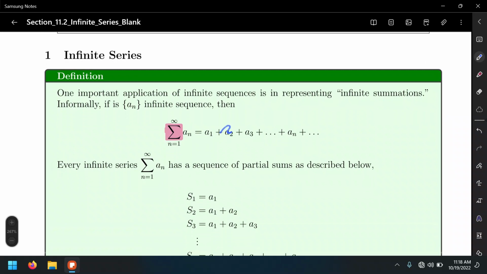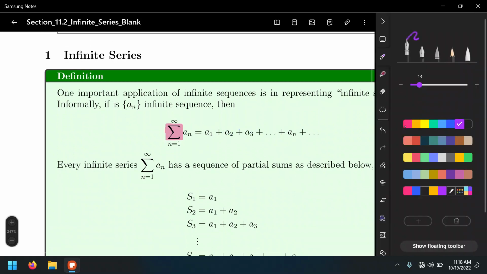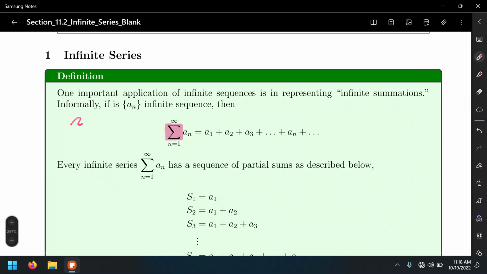What we're going to do is add these terms. This is what the symbol means. Sigma means add, or summation symbol. That's another way to look at the symbol, the summation symbol. All right.